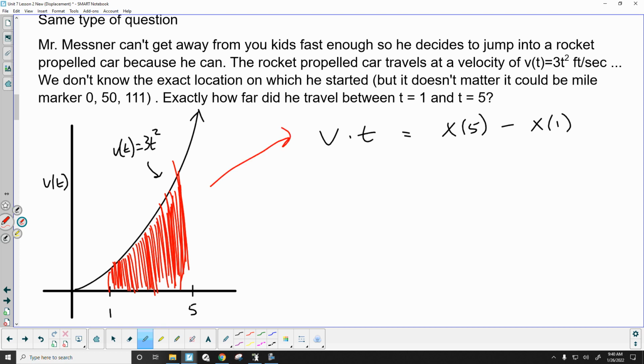But right now, I don't have that time. So this half of things right now, I don't know what to do with. But let's see if we can do the other half of things. Let's find some x function. What would be x of t if v of t is 3t squared?